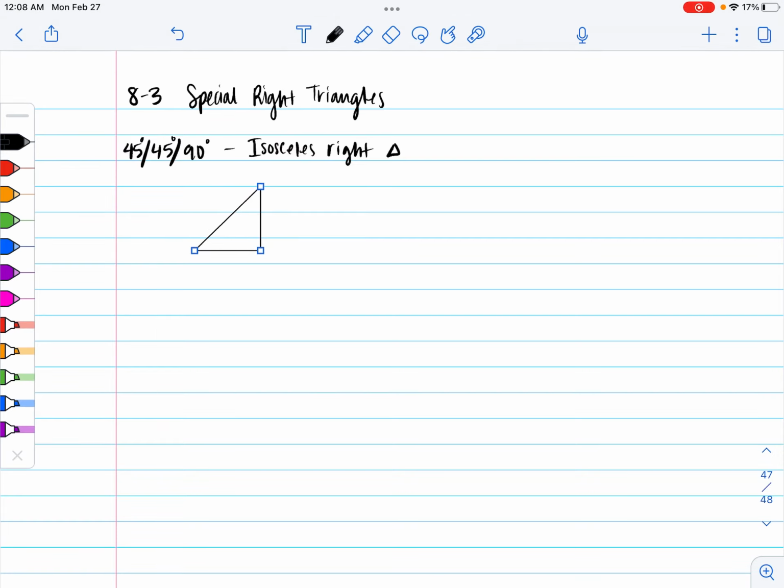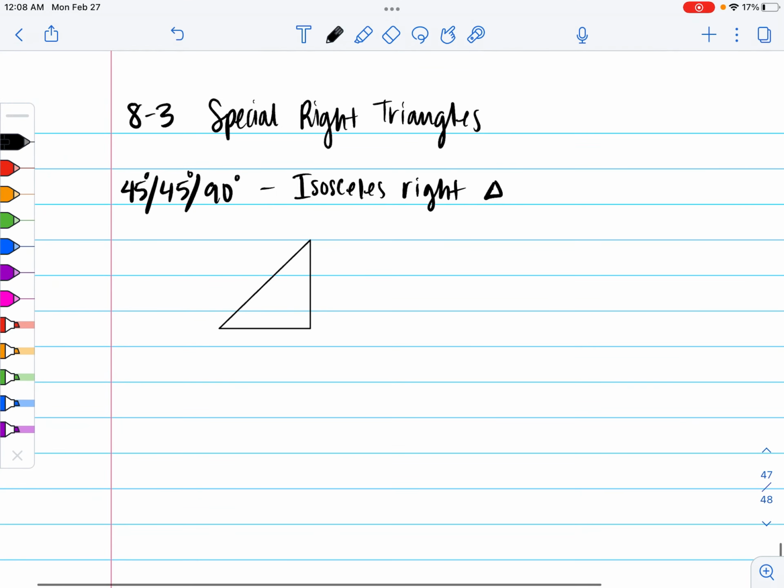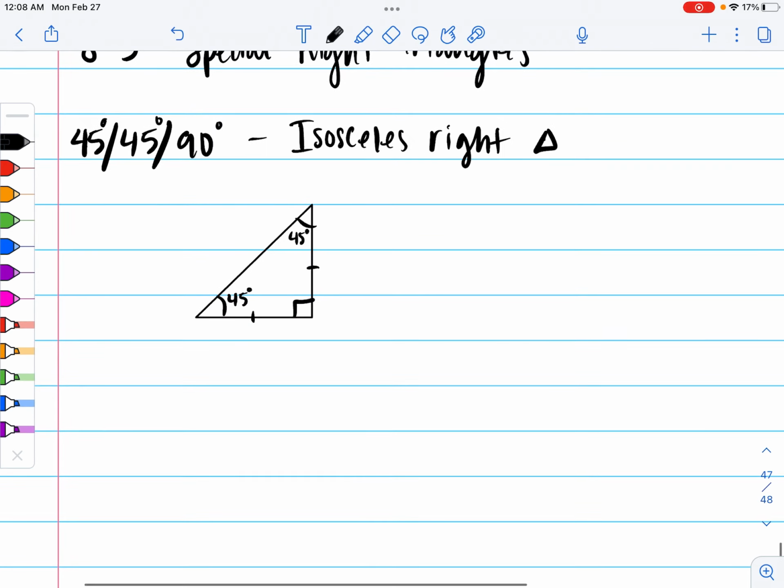So I'm going to draw a right triangle here, and let's make this look as close to a 45, 45, 90 as possible. So I'm going to say 45 degrees, 45 degrees, and draw our square for a 90 degree angle. Since this is 45, 45, 90, this is an isosceles triangle.